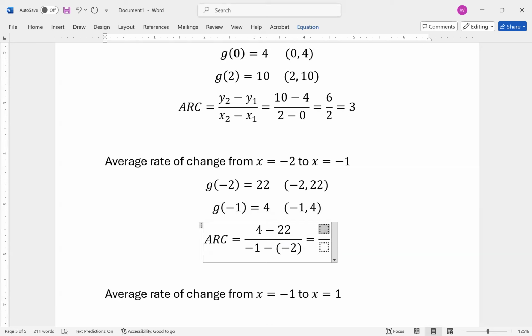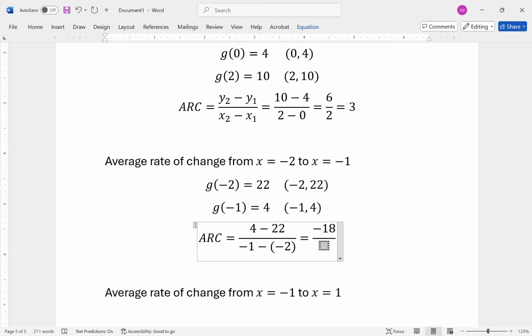I'm going to get the fraction -18 divided by +1. So the average rate of change is -18.